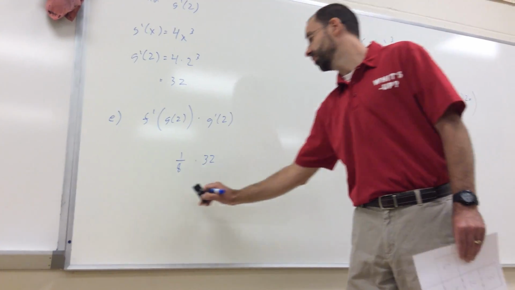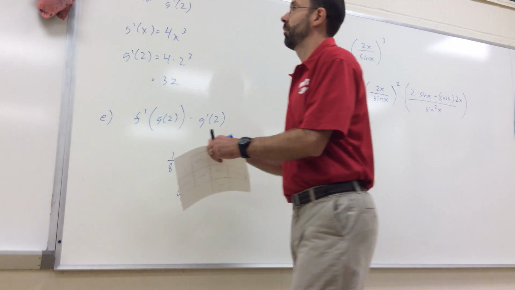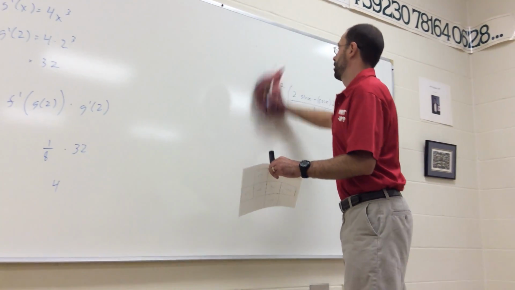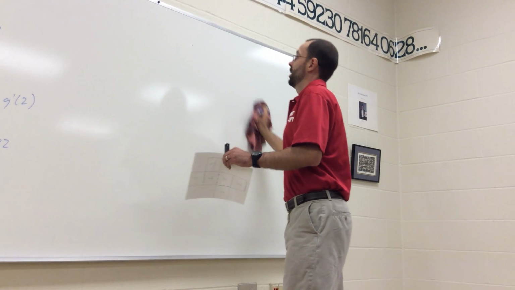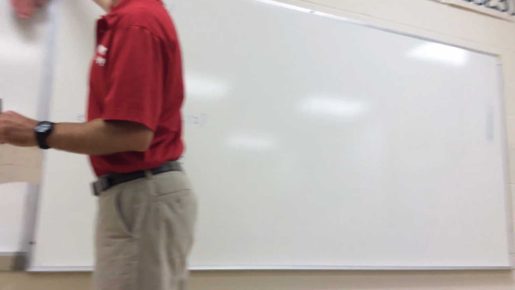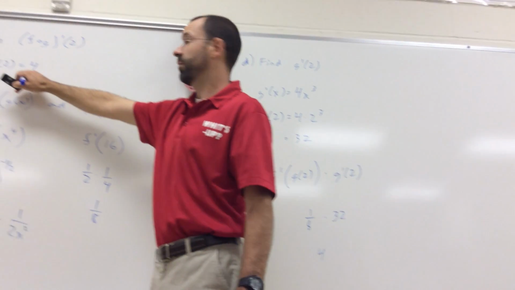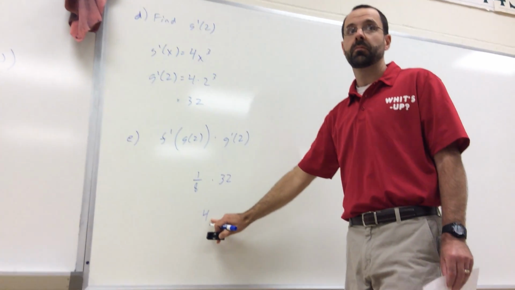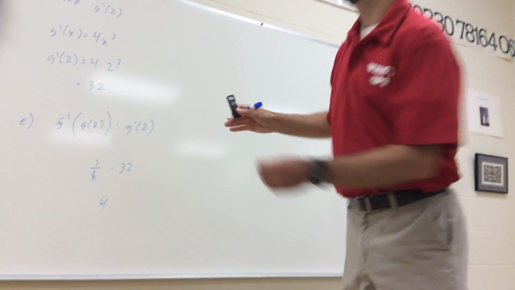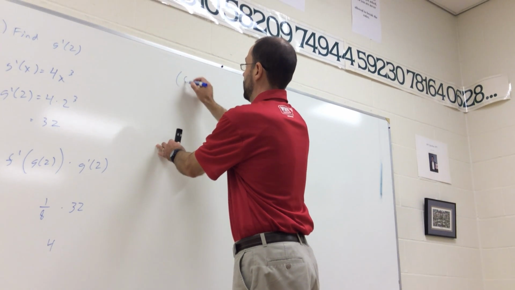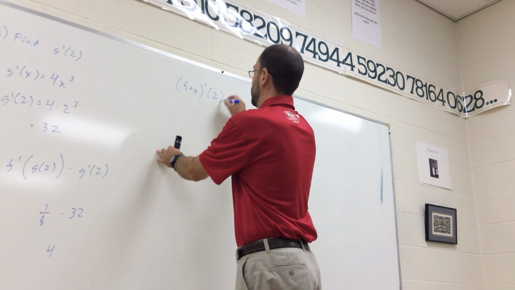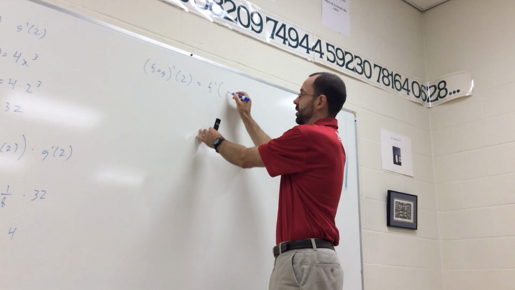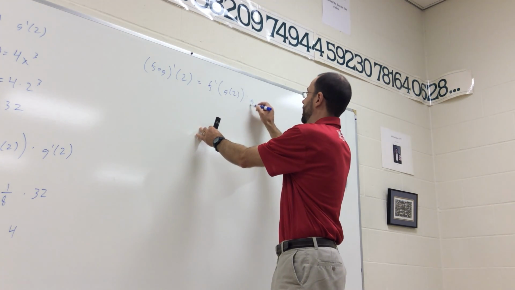And then 1/8 times 32 is 4. And so what I'm trying to show is that that 4 matches up with this 4. So if you take the derivative of the composition, the way you do it is you take f prime of g of 2 and multiply by g prime of 2.